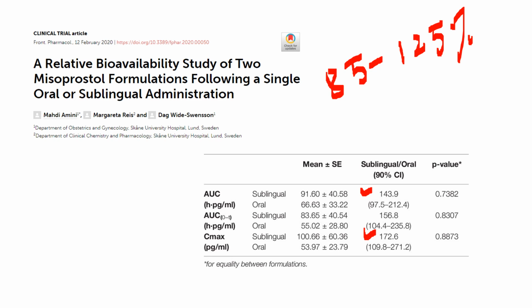The absorption will increase because, as we know, it bypasses first-pass metabolism. It has been given sublingually, not orally. So in that case, you may have to decrease the dose of misoprostol from what has been given in this trial. So definitely it will not pass, and it will not be used in patients.